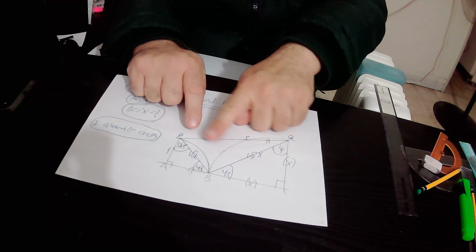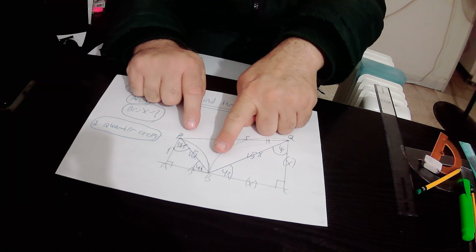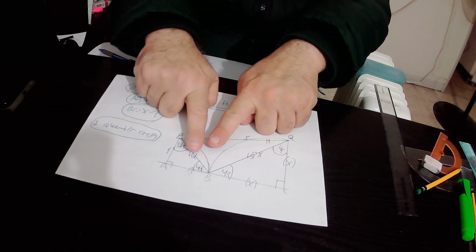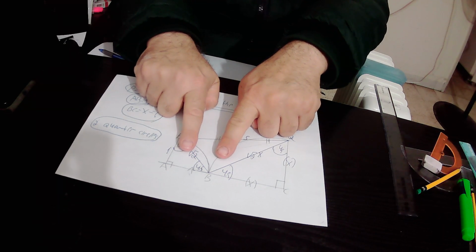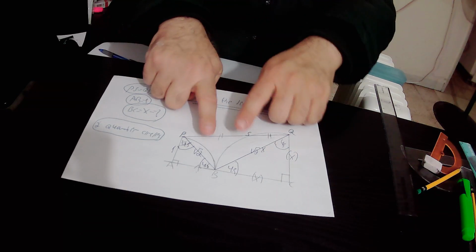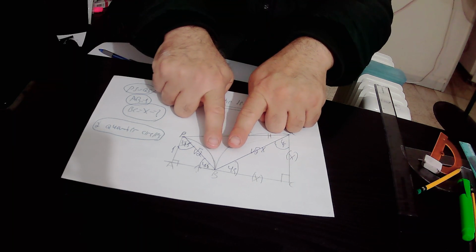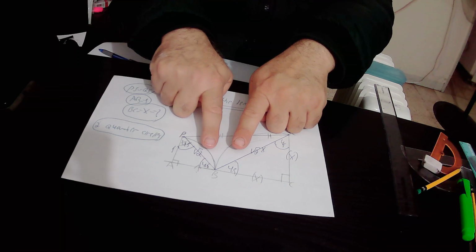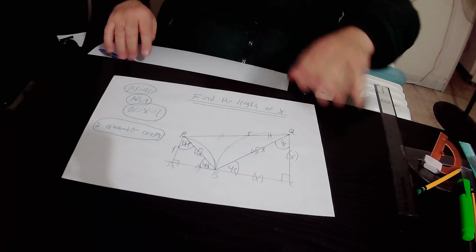So I copy the straight line AC with point B and with its angles, and we implement rule number 3 on this straight line AC.